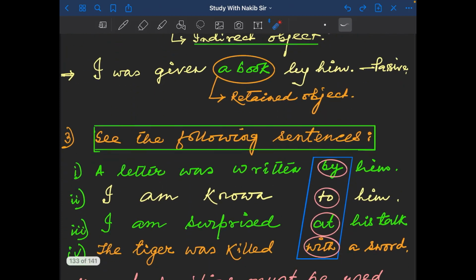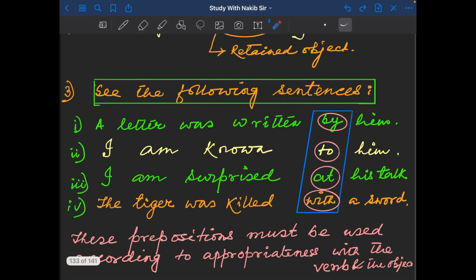So in the passive voice, sir, can any other preposition be used in place of by? Or is only this preposition used at this place?